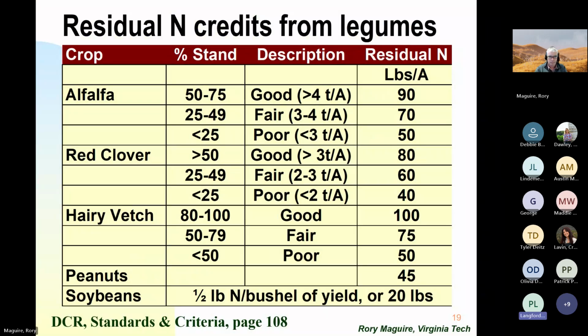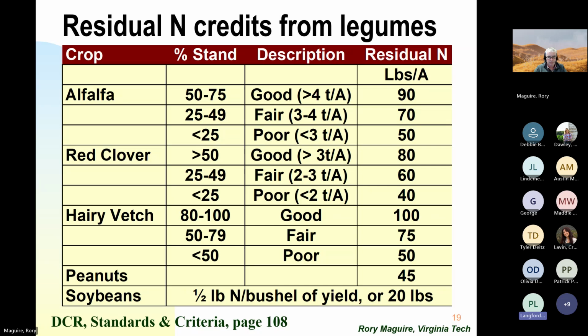And so this is showing the residual nitrogen credits for legumes, just going deeper into the effects of legumes on nitrogen. This chart's basically showing that as the percentage of stand increases, your fertilizer needs for the following crop will decrease.